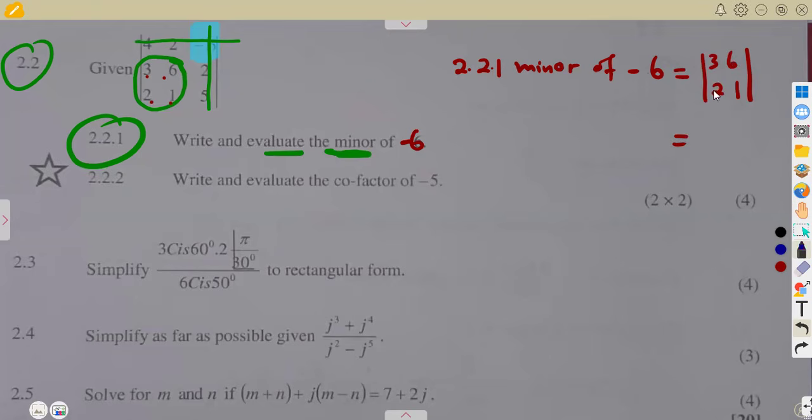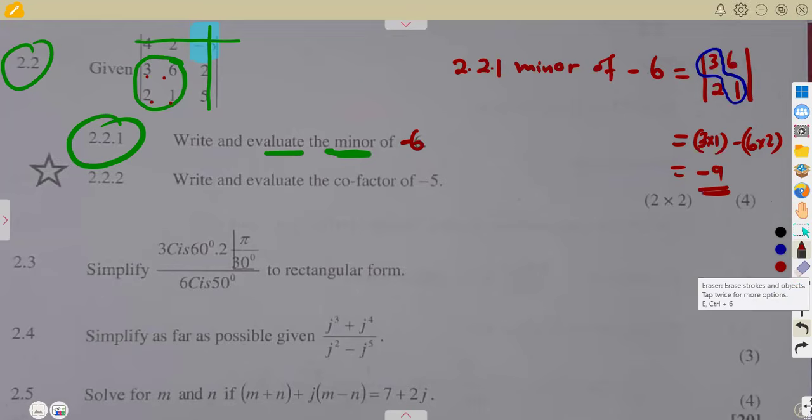Again, this is the determinant, guys. As usual, for the major diagonal, you multiply these two, that's 3 times 1 minus 6 times 2. So that was going to give us the minor of this part, which was going to be a -9. Okay, so that's a -9. So that is the minor of -6.